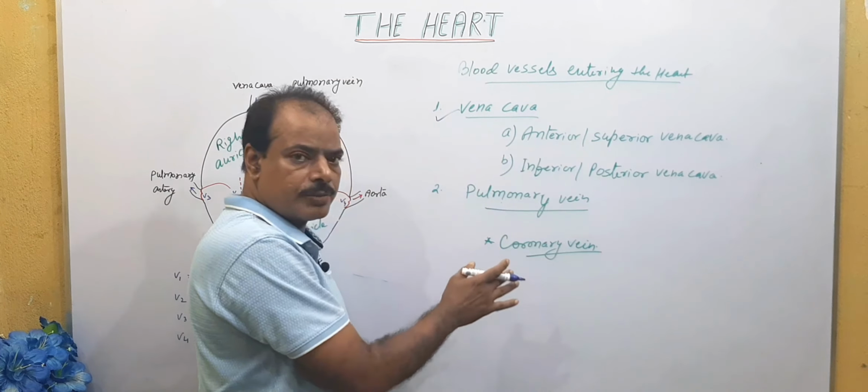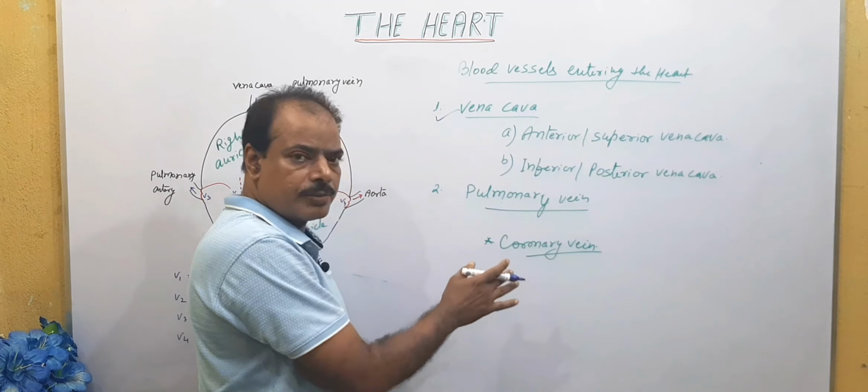First is anterior or superior aorta. It supplies oxygenated blood to the head region as well as in the upper limbs.